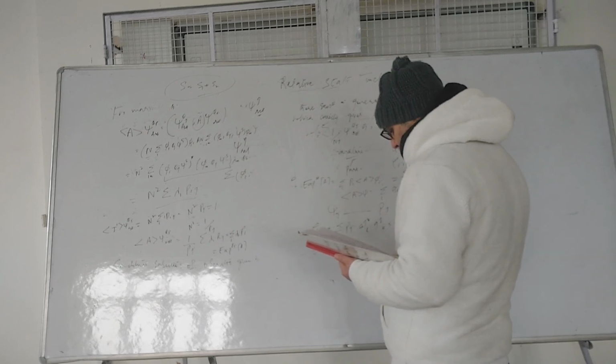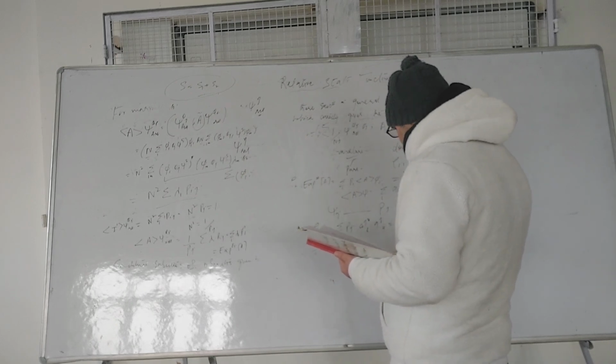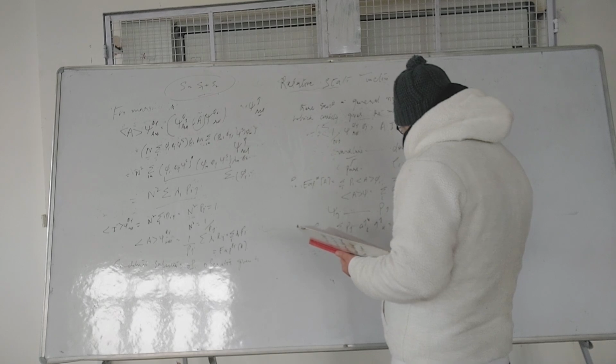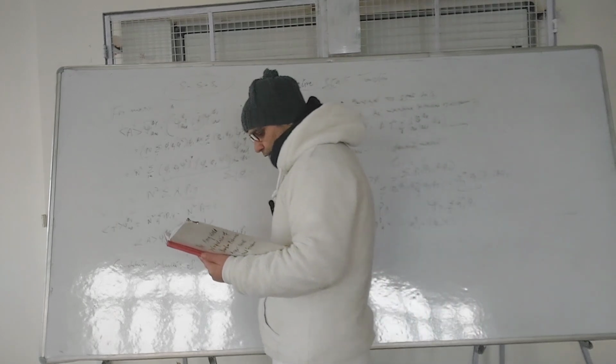Where a_ji can be defined as the inner product of states phi and psi on a given basis.